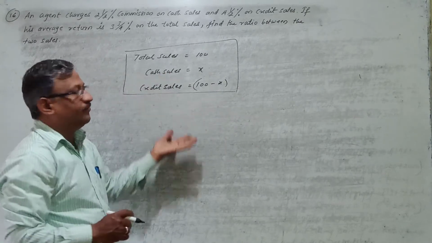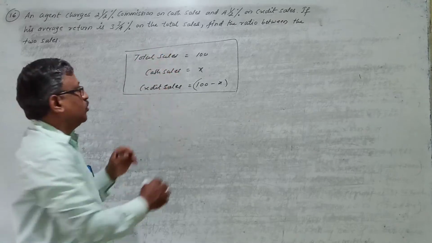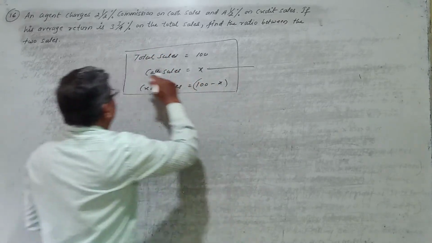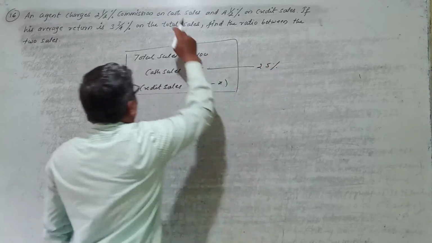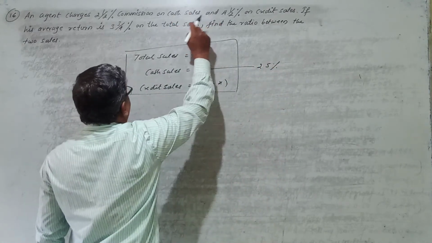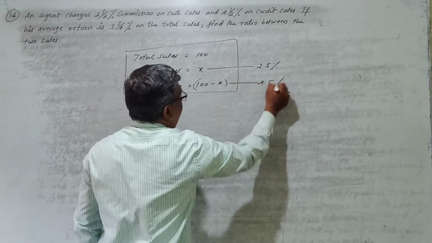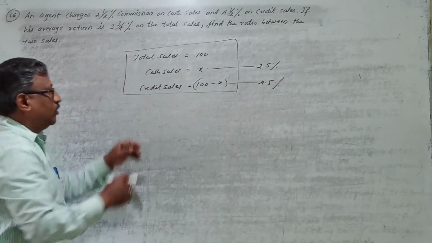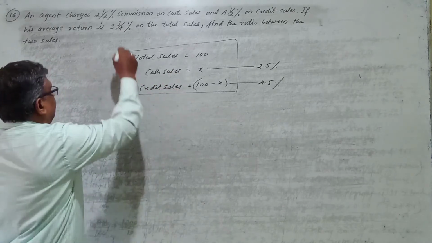Now we can find out the commission very easily because we know the rate of commission. The commission on cash sales is 2.5%. The commission on credit sales is 4.5%. And the overall total commission received for selling the goods on cash and credit is given here.